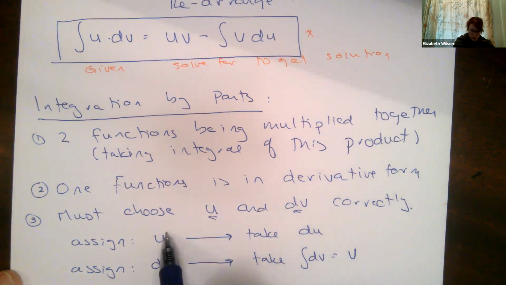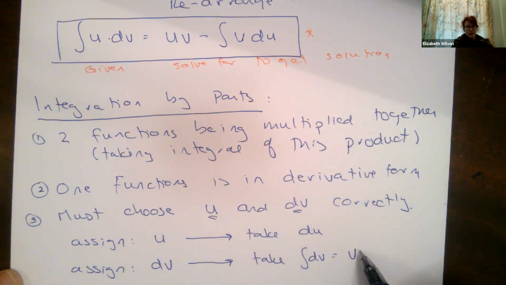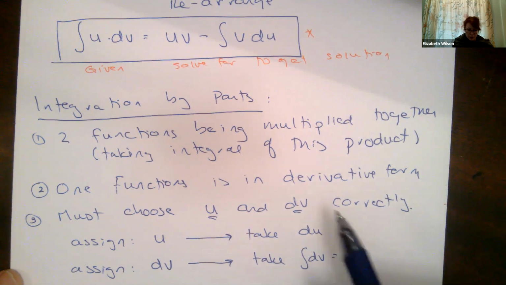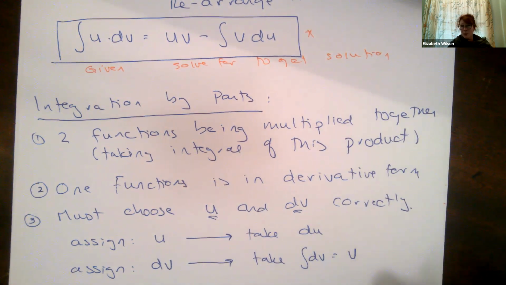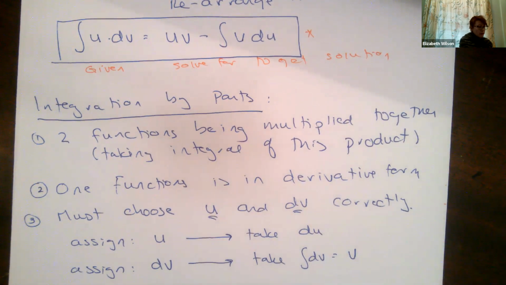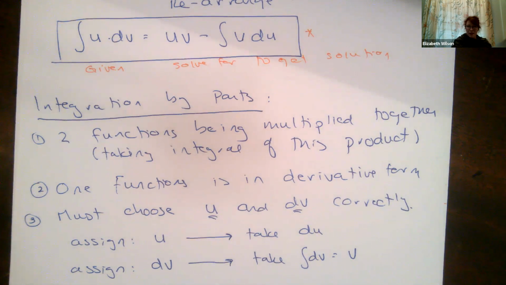So I choose what's u and what's dv, and then I take the derivative and I take the integral, and that's going to give me the other pieces that I'm going to put into my puzzle, and then I'm going to work it from there. Okay. This is like our steps. And then when we work through examples, you can start to see how it'll all come together. And we're going to gradually increase our level of complexity on the examples.